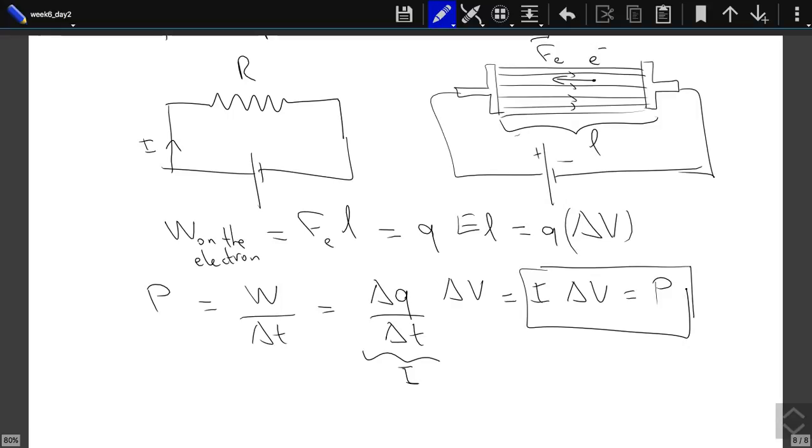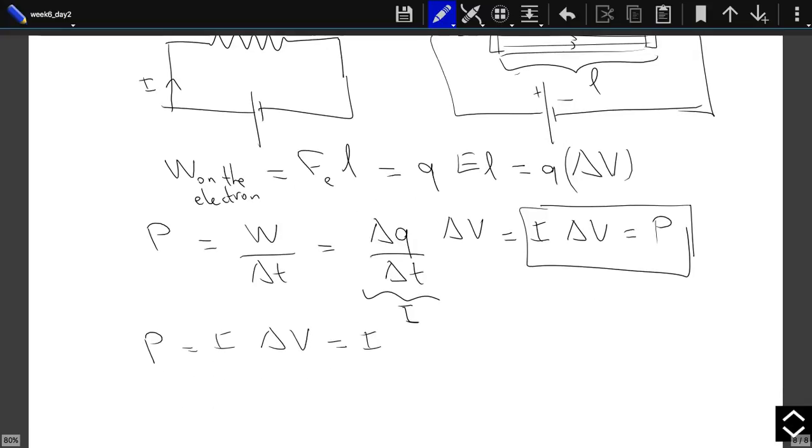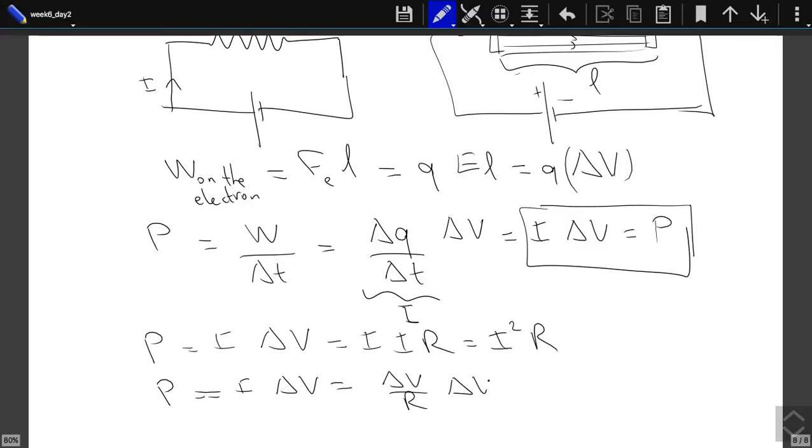Now we can also write this as the power is equal to I times delta V, but delta V is equal to I times R. So this is I squared times R, or the power is equal to I times delta V, where I is delta V over R, times delta V. This is delta V squared over R. Whichever one you like.